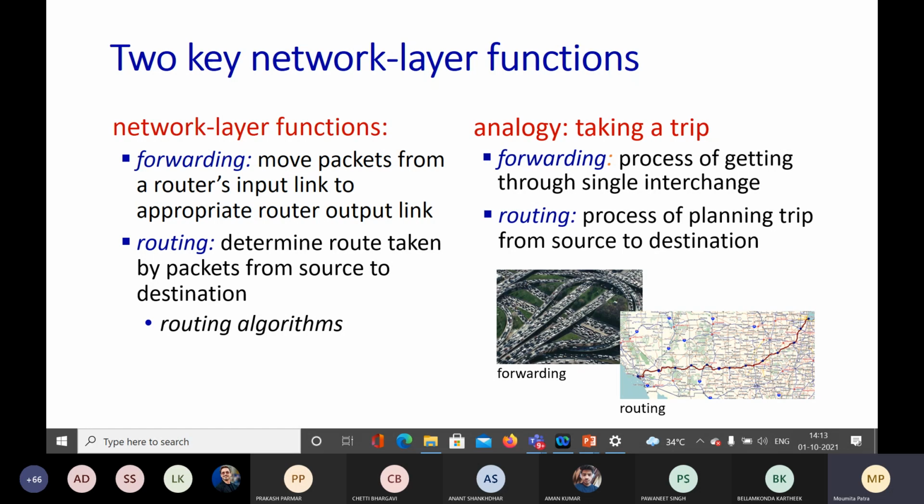That is, if a packet has been received at a given input port, which output port should that packet be forwarded to in order to reach its actual destination. That's what forwarding is. And routing is, of course, you plan for the entire trip from the source to the destination. You need to know the exact route from the source to the destination. These are the two differences.